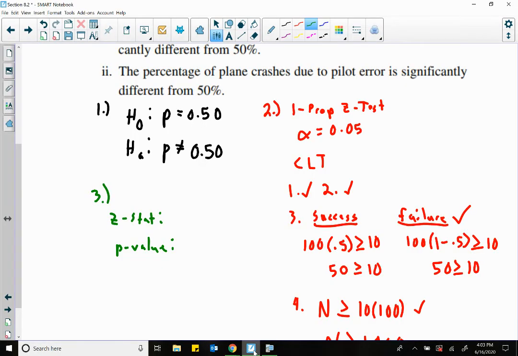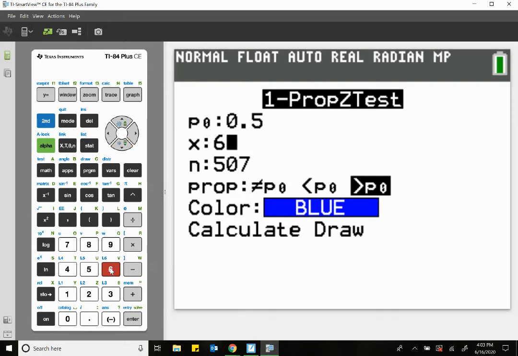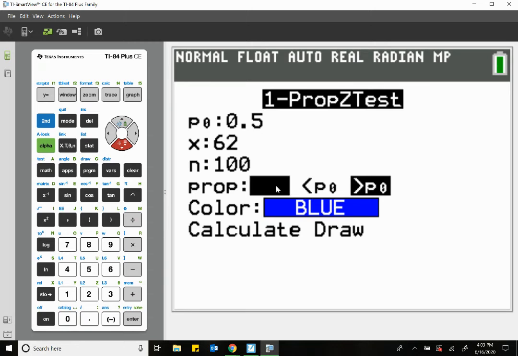You're going to put in your total, which you can see that I've done some other ones, kind of just playing around with these. And our total, or sorry, the number of successes. So there were a total number of 62. So that's our X. This is our N. So we go back to this. So 62. N was 100. Now you come down here and make sure you select the correct one.